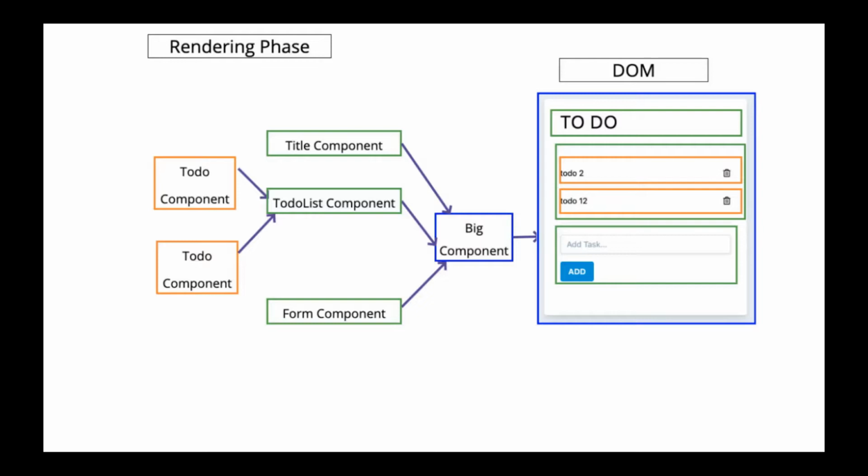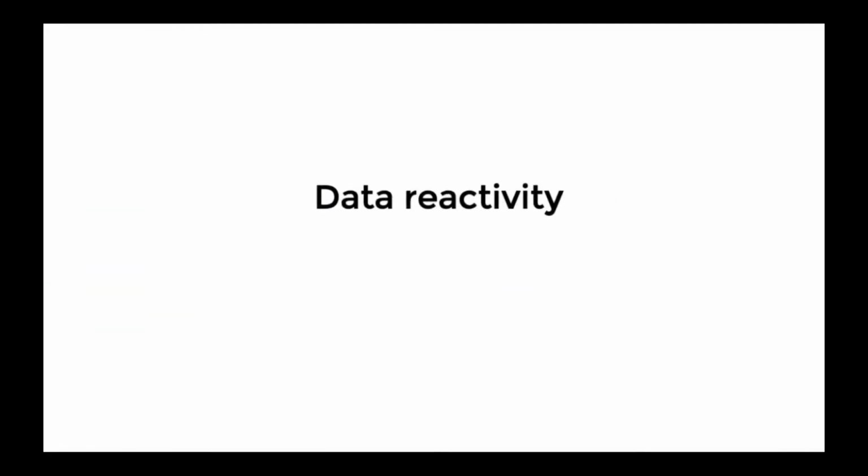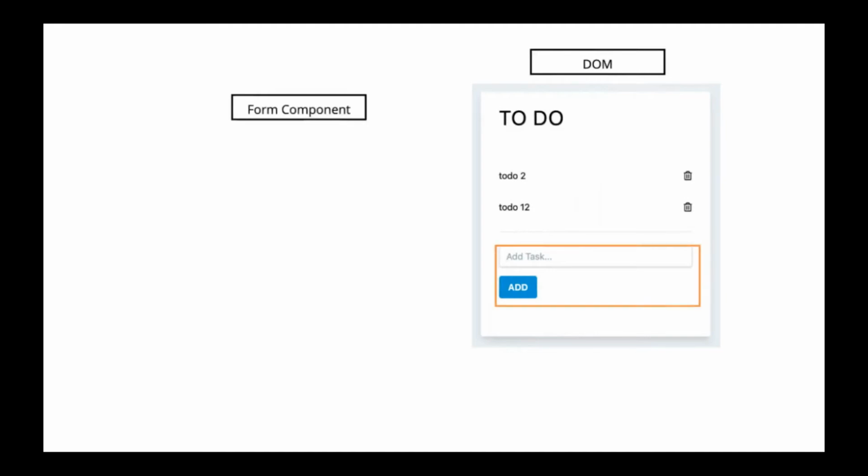That's cool. But now, when you update something or you create something, you want your application to do something. So that will be the data reactivity. You already saw it. So yeah, you have your to-do list. You want to add a task.